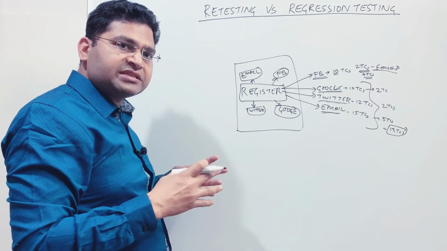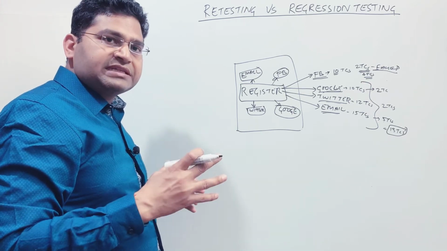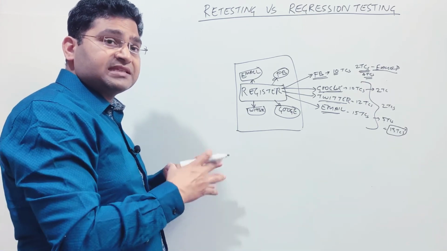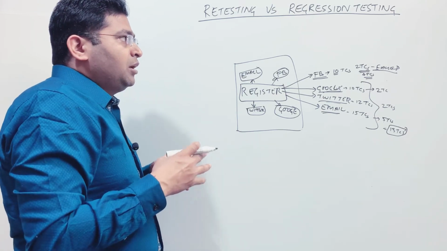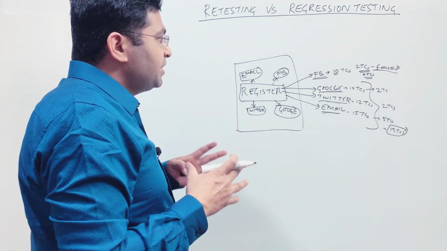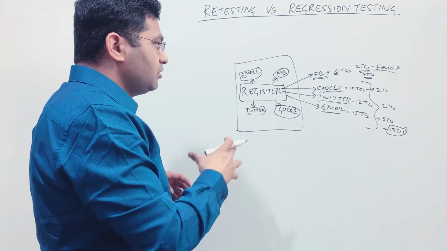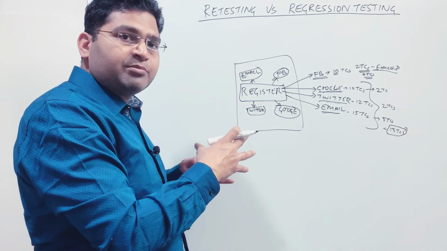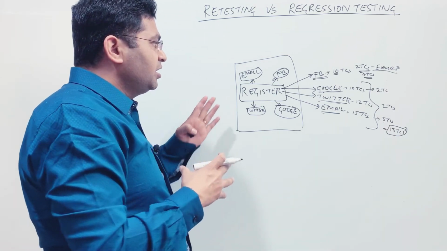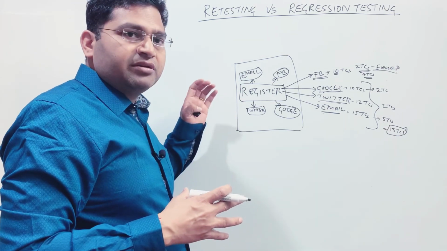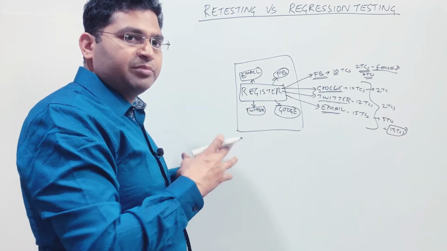When we say retesting, you are just retesting or re-executing the failed test cases, right, after the defects have been fixed. But when we say regression testing, you might be analyzing the surrounding or related modules and coming up with all critical test cases that need to be re-executed because of the particular defect fix or new functionality being added.